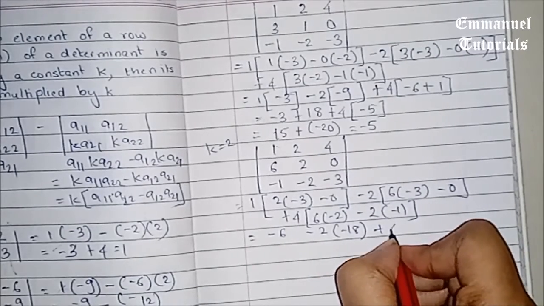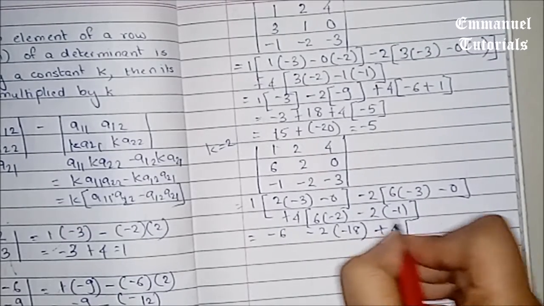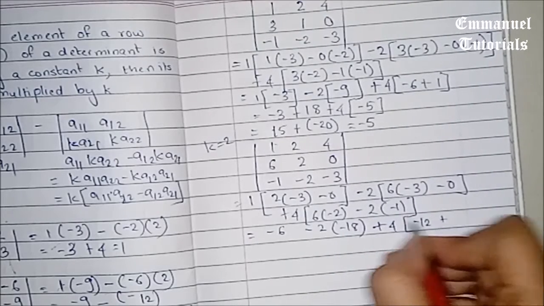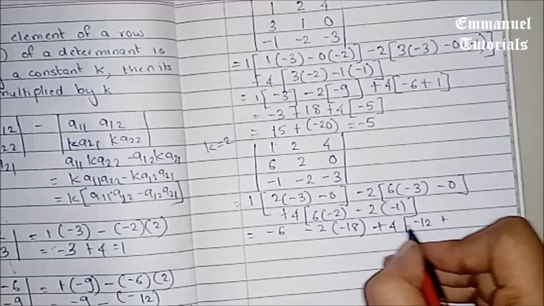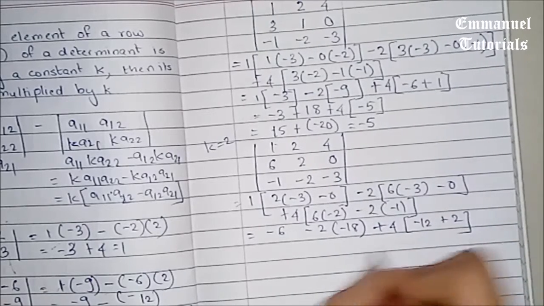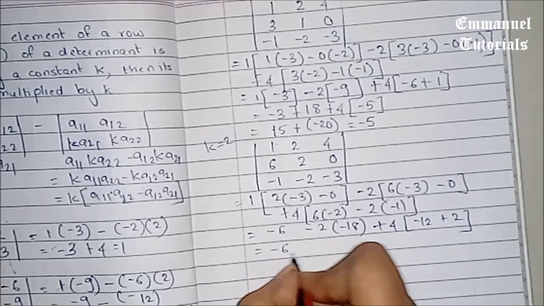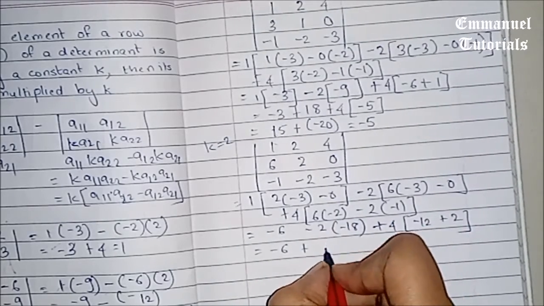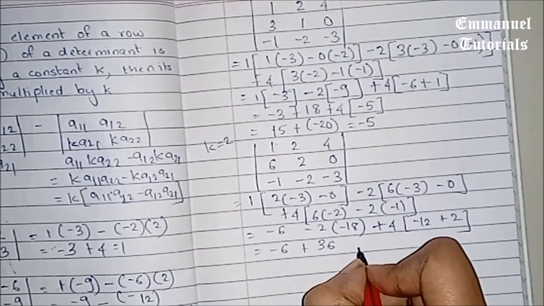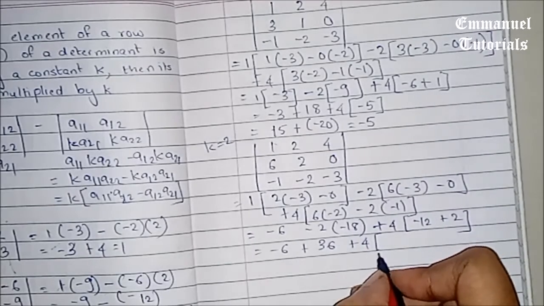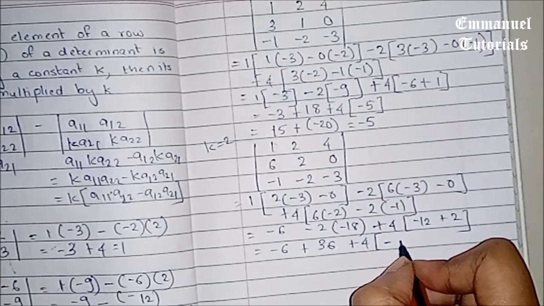Again plus 4 into (6 into minus 2 is minus 12, plus 2 because 2 into minus 1 into minus 1 is plus 2). This is equal to minus 6 plus 2 into 18 is 36, plus 4 into minus 10.